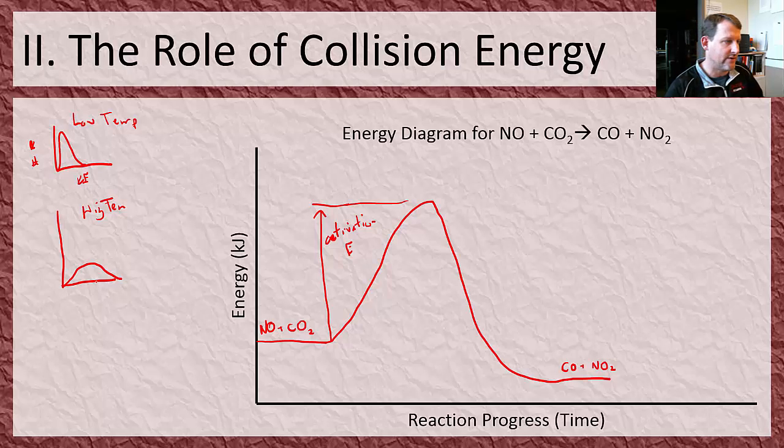And again here, if this is our cutoff, all these guys can make it over. Very few of those guys make it over this activation energy barrier. This is a fast reaction. This is a slow reaction. And that's because of getting over this energy barrier here to get to the other side.